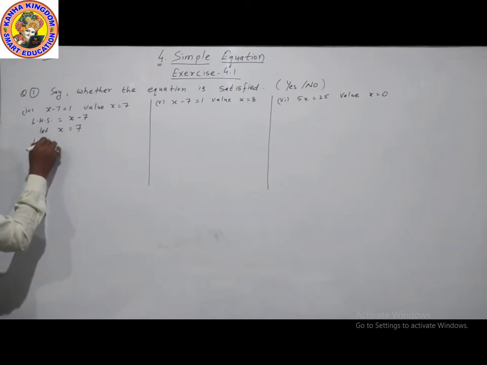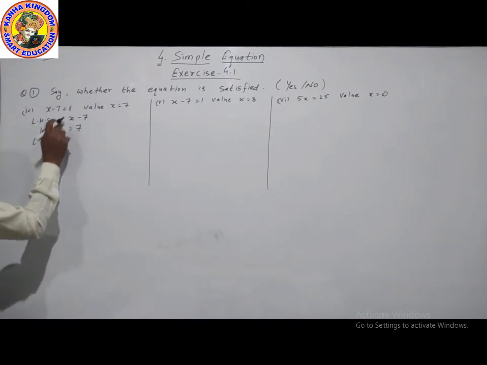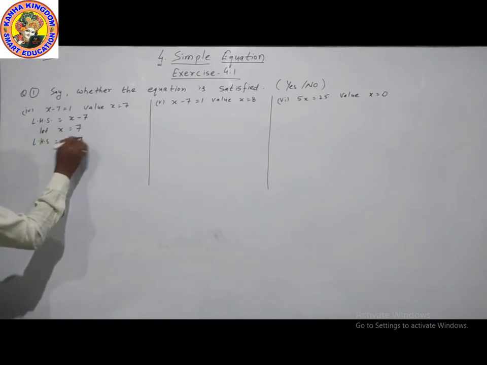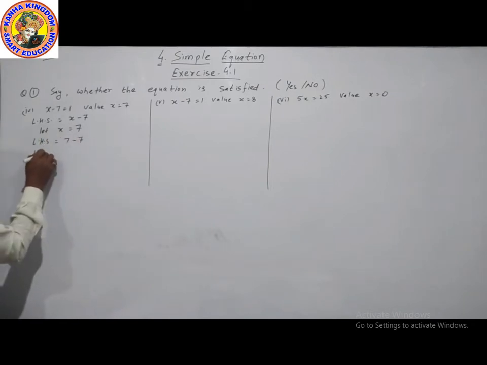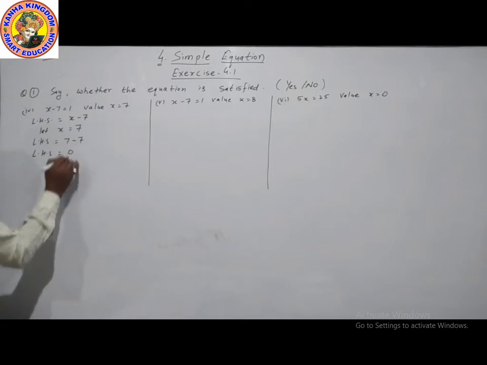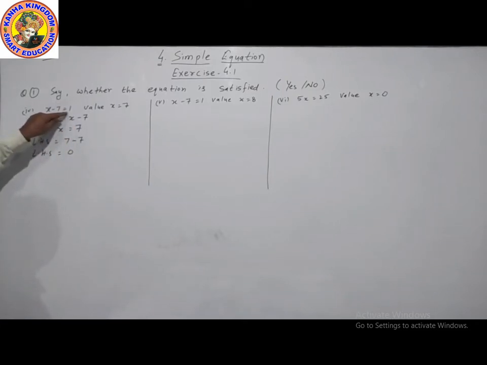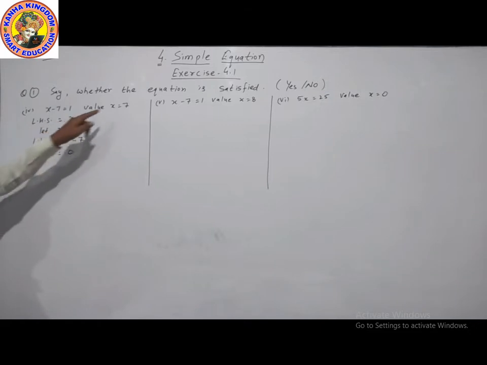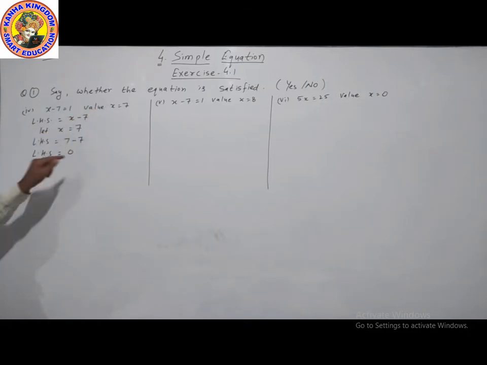Now left hand side is equal to putting the value of x, 7 minus 7. Now left hand side says 7 minus 7 is 0, but in the question the right hand side says 1.